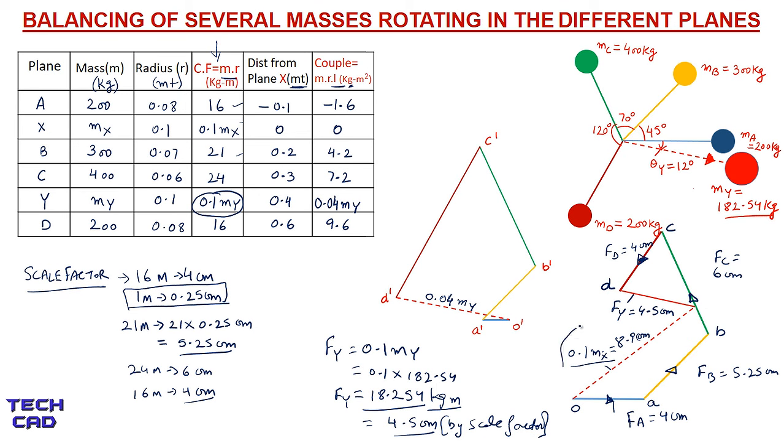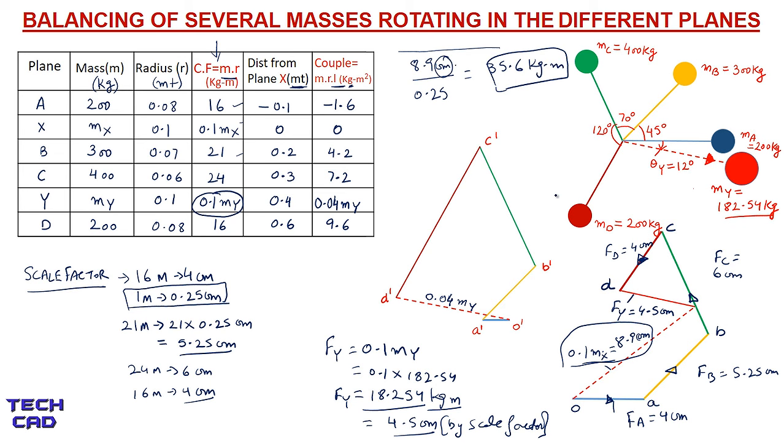So with the help of this relation we can find out the balancing mass in the x plane. But before finding it, we have to convert this centimeter line into meters. So I am writing here 8.9 centimeter divided by 0.25 centimeter, and it will give us 35.6 kilogram meter.